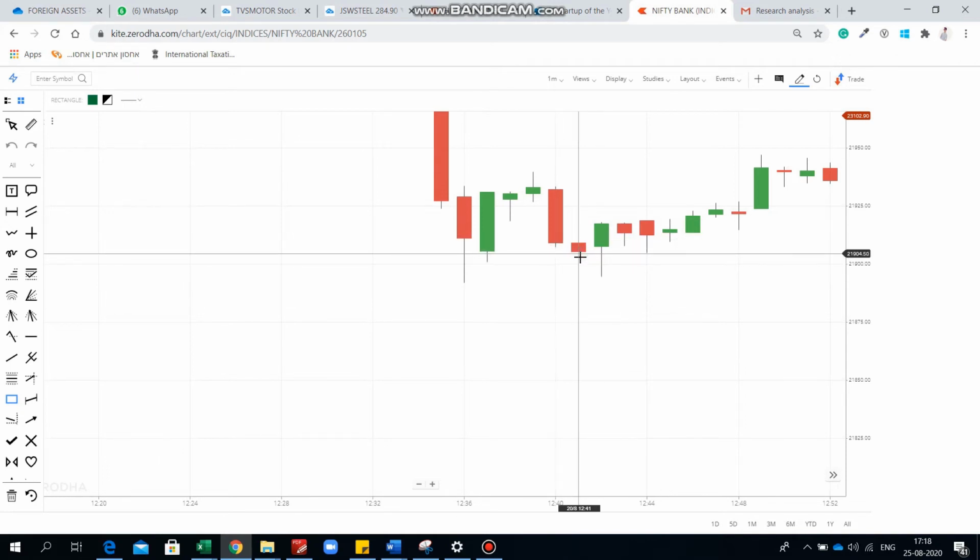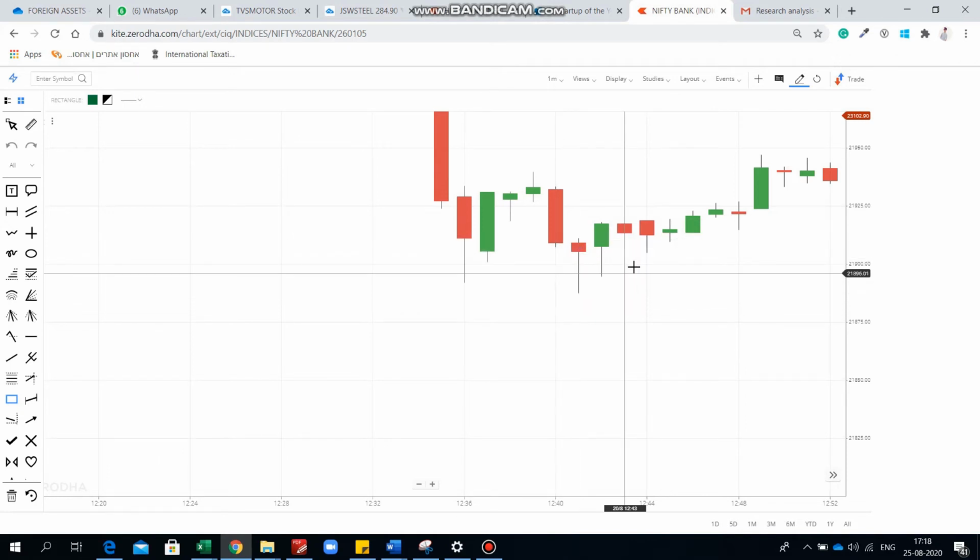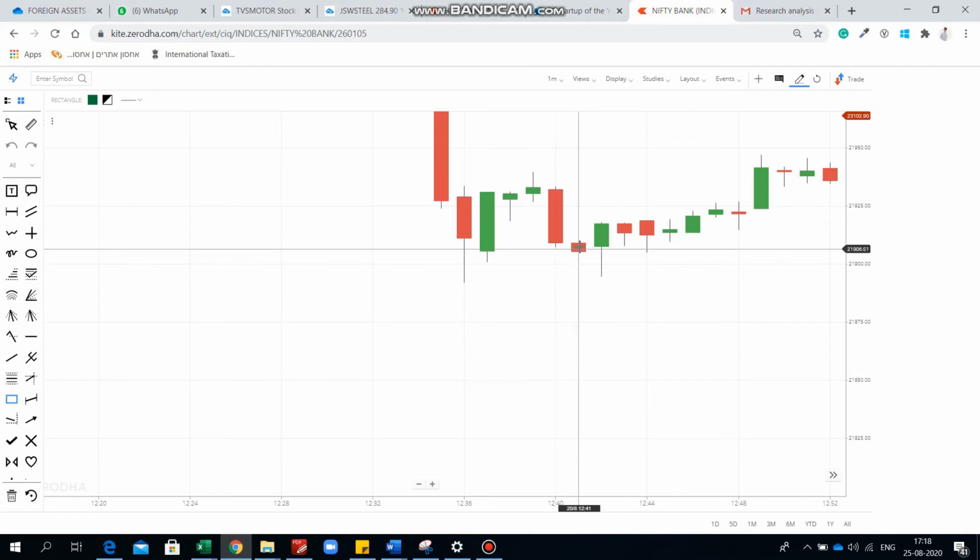This is not a good hammer candlestick because the wick is not long, but still it is a hammer candlestick. So when can you find a good hammer? When the wick size is double or triple of the body, then this is a good hammer candlestick.